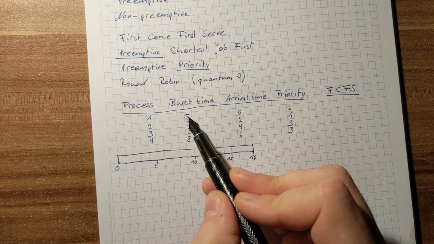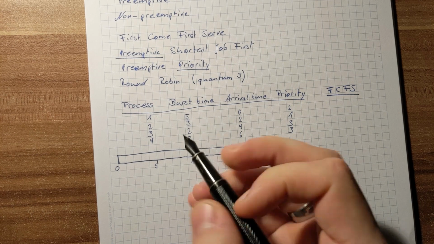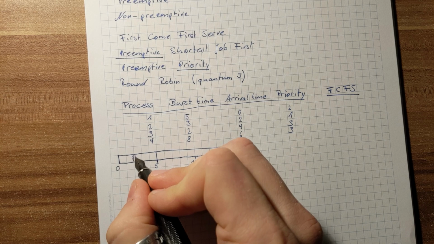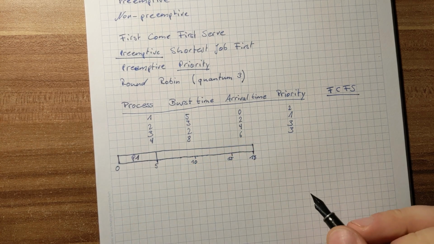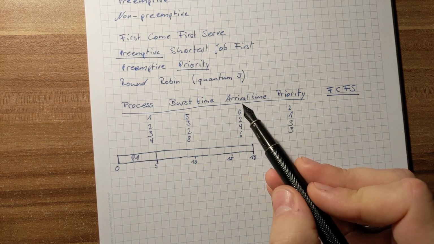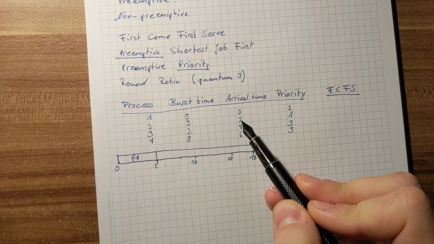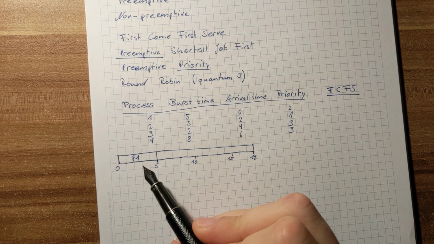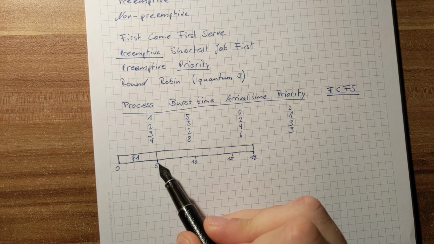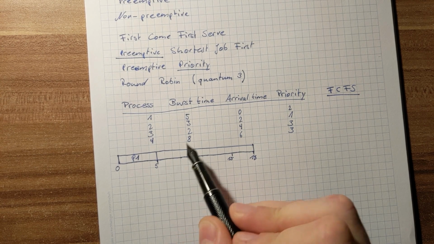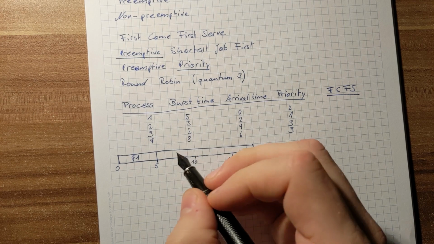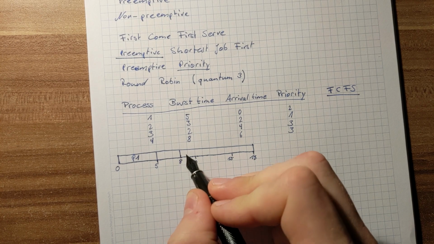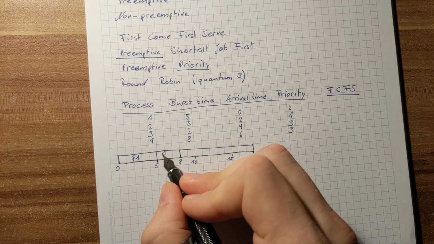How long does process 1 take? 5 time units. So process 1 would run from 0 to 5, and we can draw that in here. Then the second process arrives at 2, but at 2, well, process 1 is still running, so we can first start at 5. And from there on, it takes 3 time units until it finishes. So it goes from 5 to 8 for process 2.